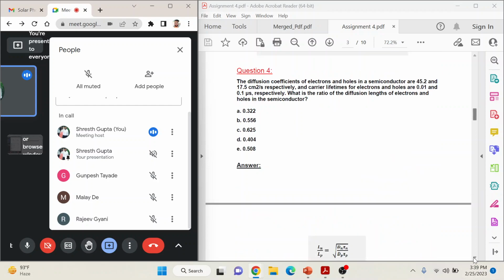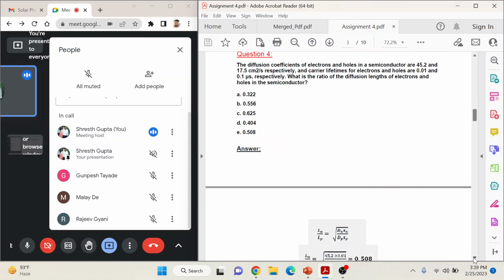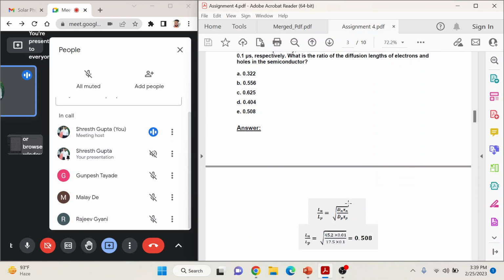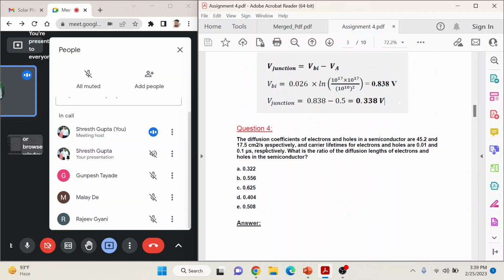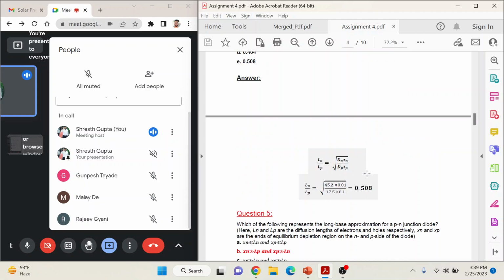As we know, we have to calculate the ratio of the diffusion length of electrons and holes, and we know that Ln over Lp equals under root of Dn tau n over Dp tau p, where Dn and Dp are the diffusion coefficients of electrons and holes, and the carrier lifetimes are 0.01 and 0.1 microsecond, that is tau n and tau p.